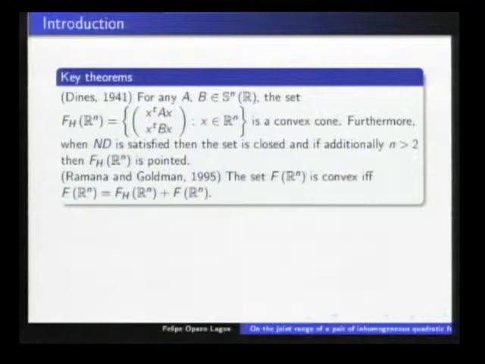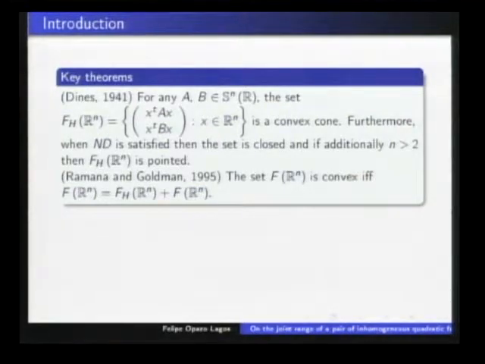Well, the key theorem is the classical result of Dines, which is a very nice one. It states that for two pure quadratic functions, the image set is a convex cone. And when the dimension is big enough and we have the non-degeneration property, which is a very strong one, we get the pointedness of this cone.